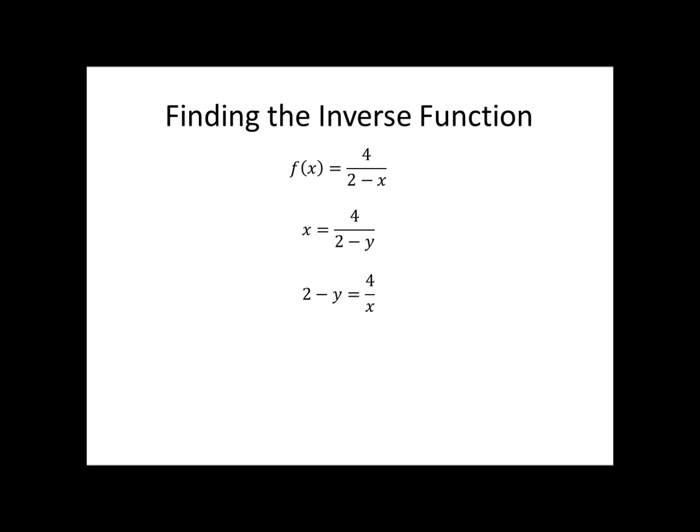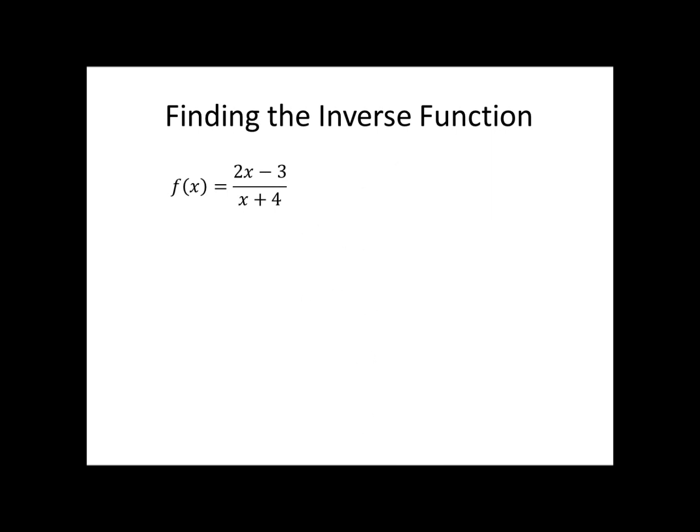So I will multiply over the 2 minus y, I'll divide over the x, subtract the 2, and the last thing I need to do is just change all the signs so that the y is positive. So I have y equals negative 4 over x plus 2. Now if they wanted me to find the inverse of this, I should probably change it to inverse function notation, f inverse of x. We'll do that on the next one though.